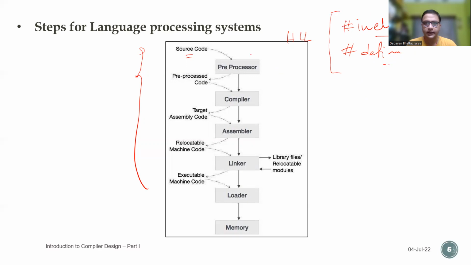So whenever we input instructions in high level language with directives, the preprocessor is responsible for taking care of them. The preprocessor simply removes those directives and converts it into normal high level language, meaning no directives exist in that piece of code.